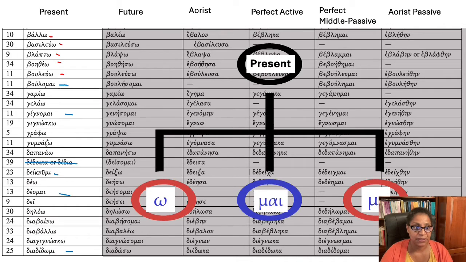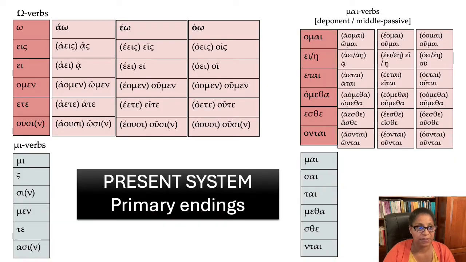We have in the present system then the three types of verbs, i.e. the three conjugation types we see manifested are omega and mi, and then mai, which is your deponent. Okay, so there are basically then two conjugations, omega and mi.